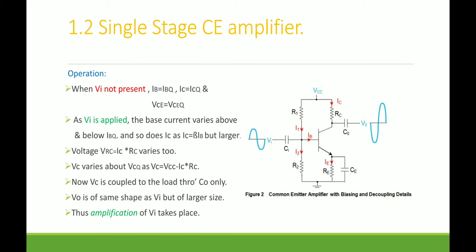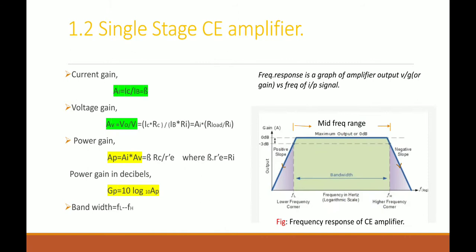So there is a 180-degree phase shift with the single stage CE amplifier. Similarly, if we had made use of a FET, then also we would have got a 180-degree phase shift. Thus amplification of Vi takes place in the single stage CE amplifier.